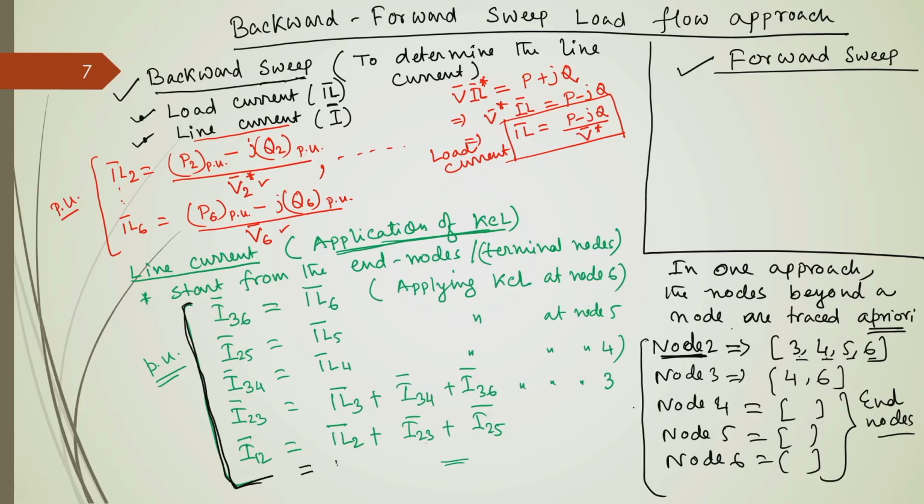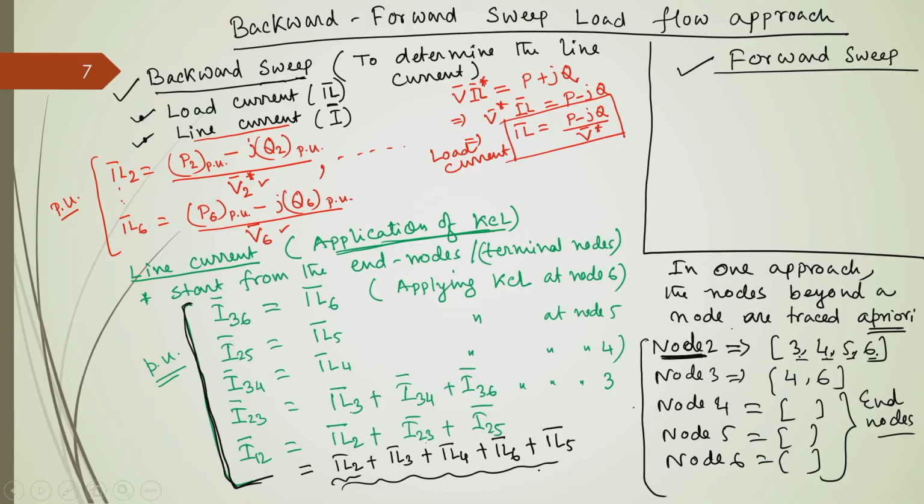I 2 3 is equal to I L 3 plus I 3 4, which is equal to I L 4, plus I 3 6, which is equal to I L 6, and I 2 5 is equal to I L 5. So, you see that the current flowing through node 2 is the sum of all load currents beyond node 2 along with its own node current I L 2, so it is I L 2 plus I L 3, I L 4, I L 5 and I L 6.